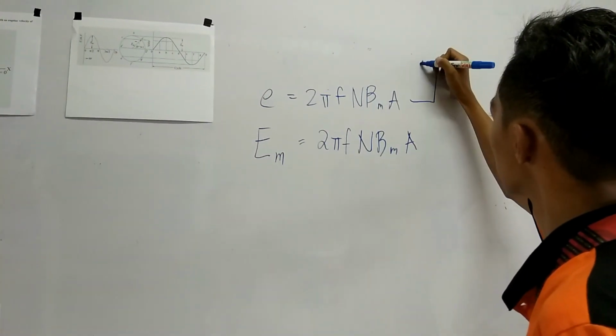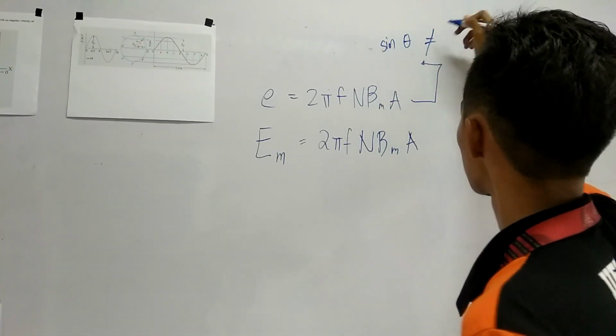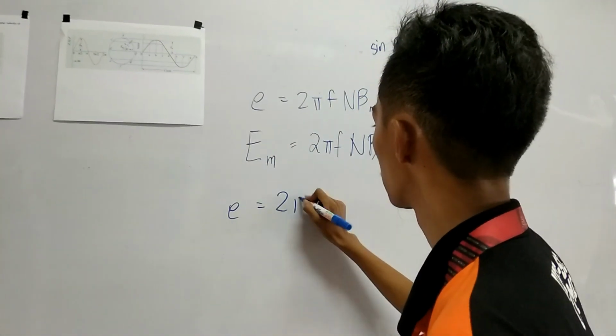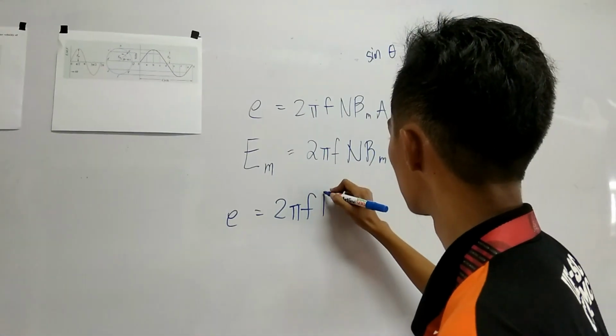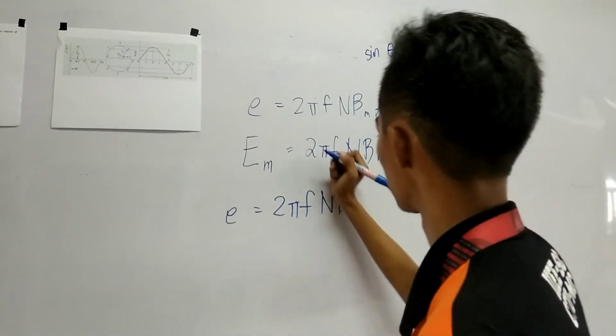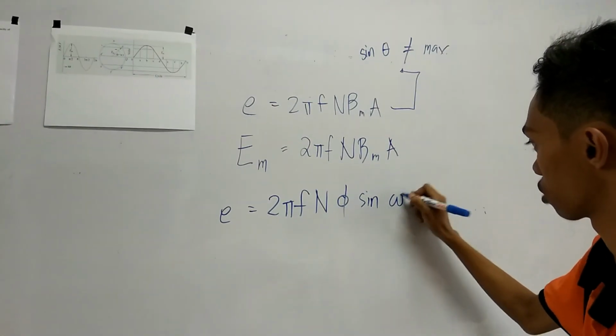when sine theta is not maximum, we have 2 pi f N B A sine omega t.